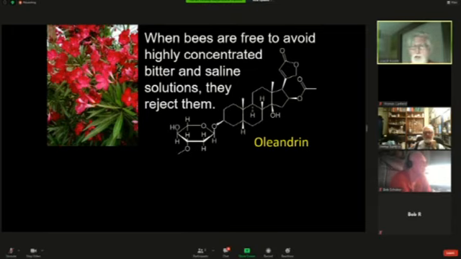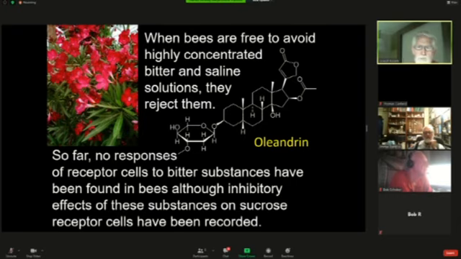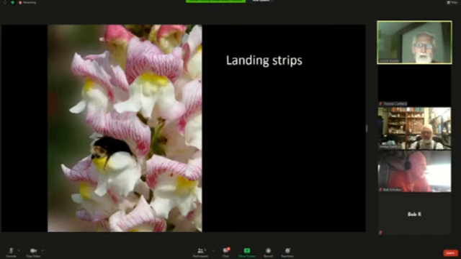And so we treat them as if this is a digitalis toxicity, and are able to help them out with their problem. So the bees are able to understand what is a sweet thing. They can pick up sweet. They don't pick up the bitter per se, but they stay away from it if they can do so.